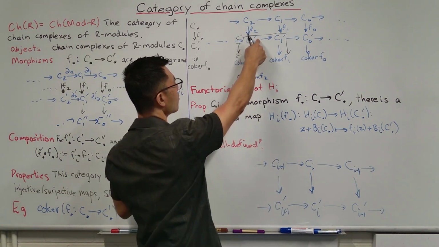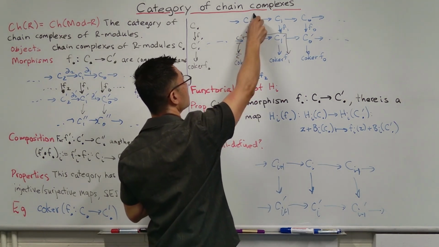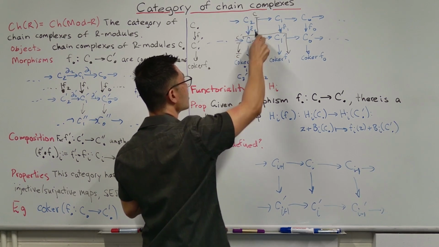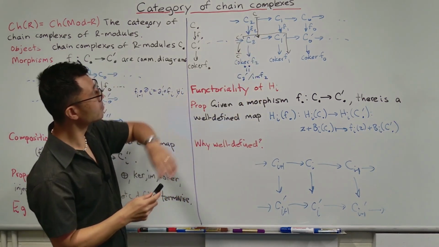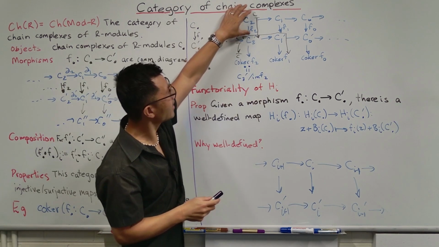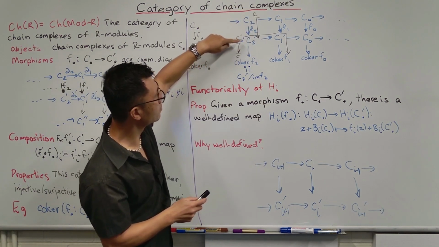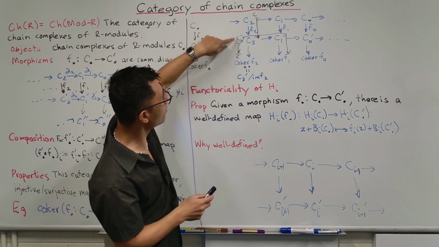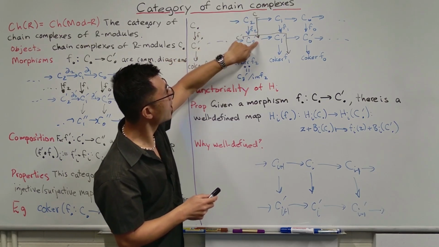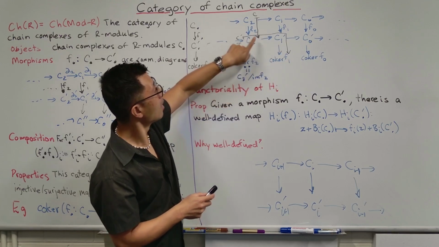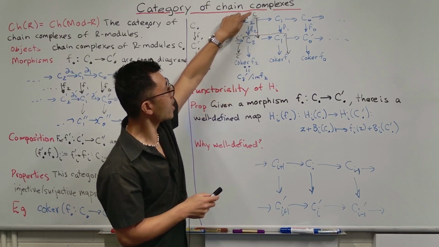So if it's in the image of F2, it comes from something inside here. And you're going to vary it by that. So if we add in something like this, we want to make sure that it doesn't change. So that's changing the C prime by the image of something in here. It doesn't change what happens when you go over here. Okay, so let's see what it changes by.